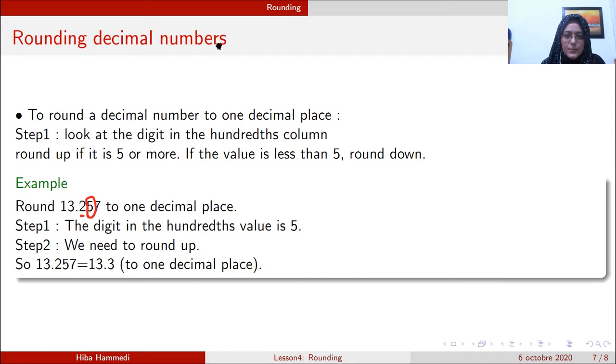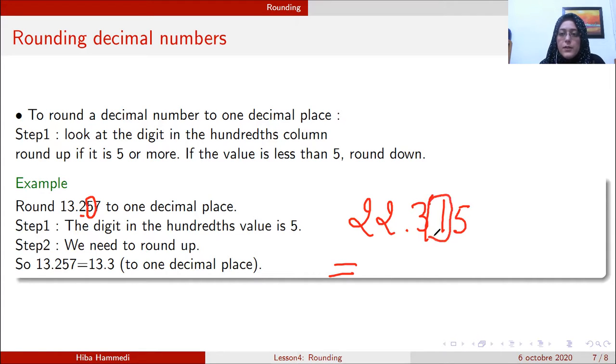Let's take another example. For example, I would like to round 22.315 to one decimal place. I will check the value of the hundredths.